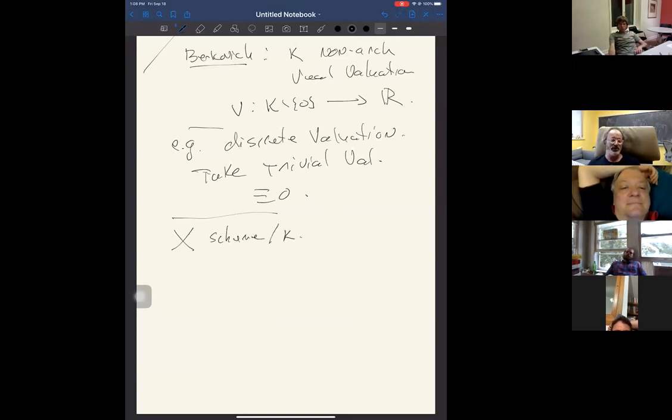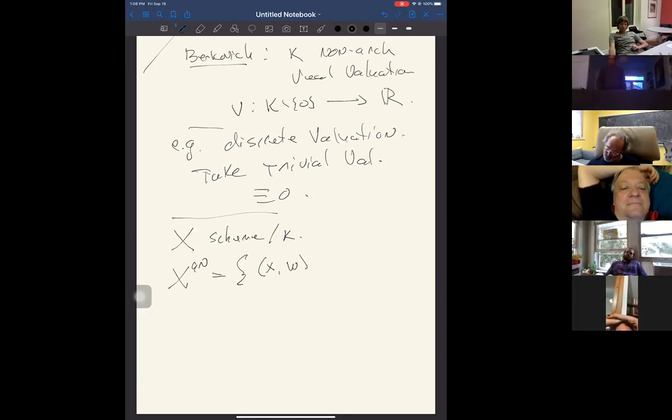And now there's a really cool notion, due to Berkovich, which is the analytification of X. I'll give you the definition just to show how simple it is. It's just the set of pairs x and w, where x is a scheme point of our scheme. And what's w?